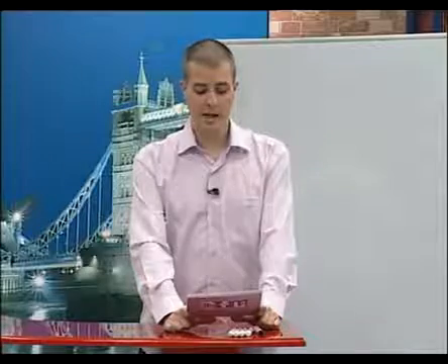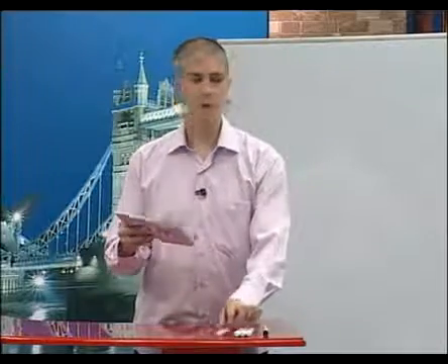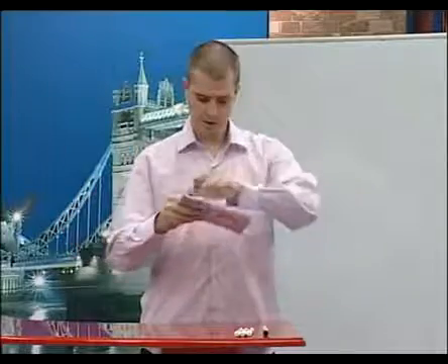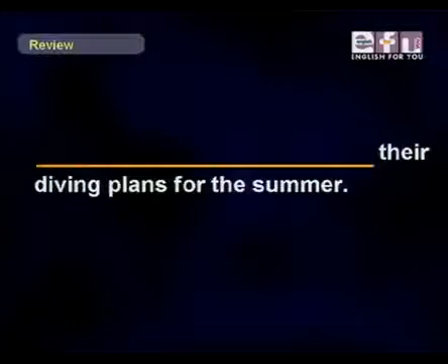Now let's do an exercise with inseparable phrasal verbs. I'm going to give you the end of a sentence, and I want you to begin it with an appropriate subject and phrasal verb. Lewis, you can go first. Their diving plans for the summer.